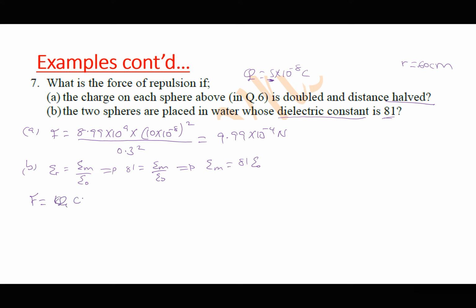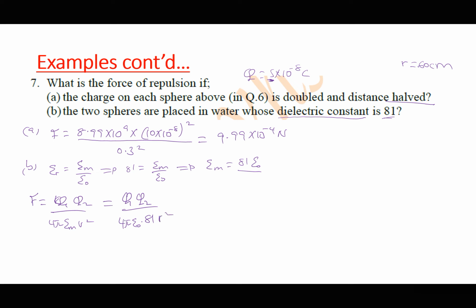Force is equal to K, or we can say Q1 Q2 over 4 pi epsilon m times r squared, which is going to be Q1 Q2 over 4 pi, where there is epsilon m, I put 81 epsilon naught. So it becomes epsilon naught times 81 r squared.